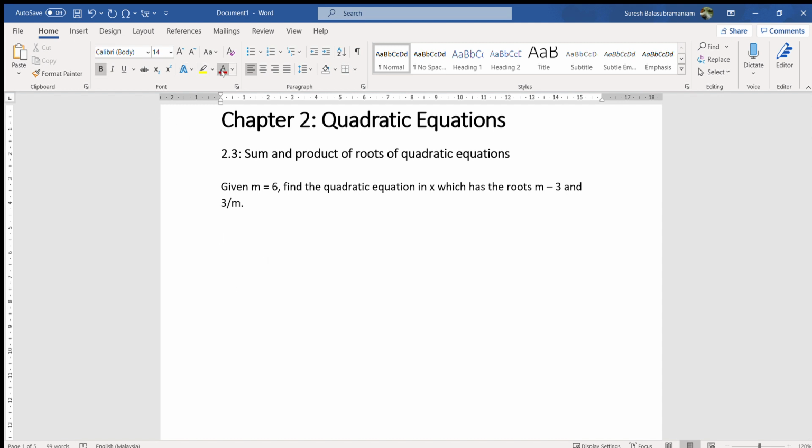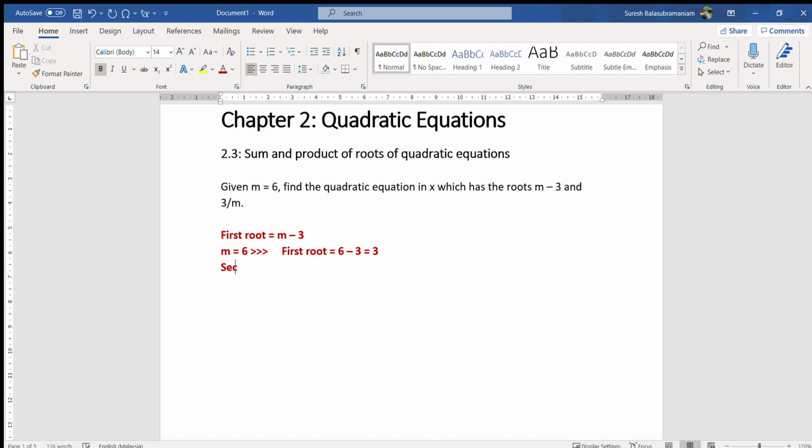Okay, so the value of m is given, that is 6. So we can replace the value to find the root. So I will just write first root equals to m minus 3, and we know the value of m equals to 6. So we replace that. So I get first root is equals to 6 minus 3, that will be 3.